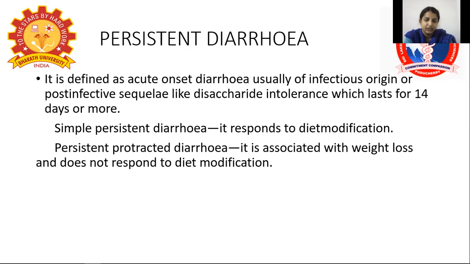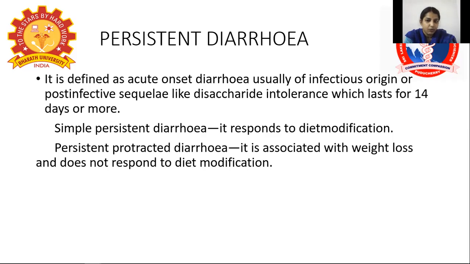Persistent diarrhea is defined as acute onset of diarrhea that is of infectious origin or post-infectious sequelae like disaccharide intolerance, which lasts for 14 days or more. It can be of 2 types, simple persistent and persistent protracted diarrhea.